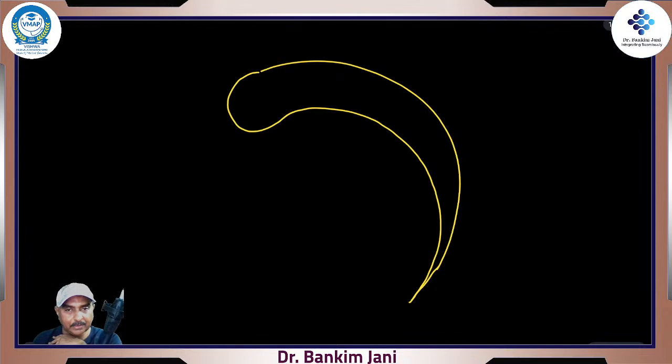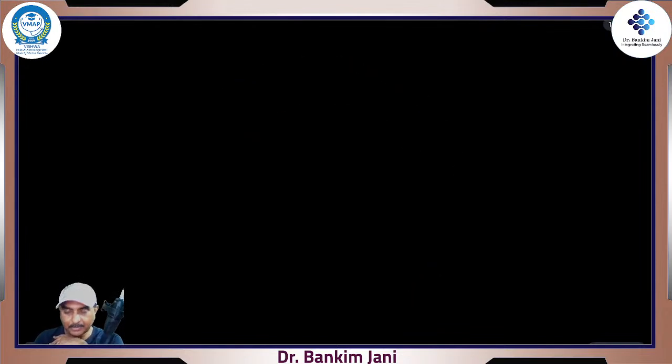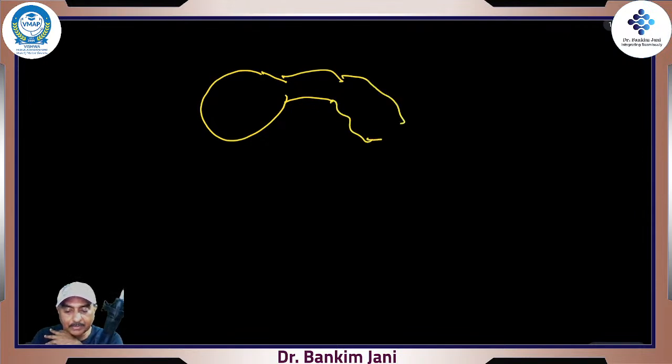Then we add two curves, or they are called the flexures. One creates the head, because from there we'll be creating the brain. So let's say this, and it flexes, bends. So this is the first flexion, then there would be another turn, and then it will go down.